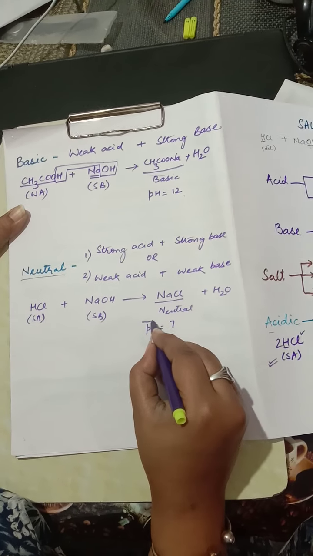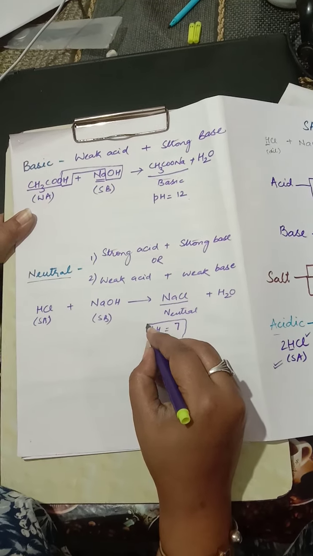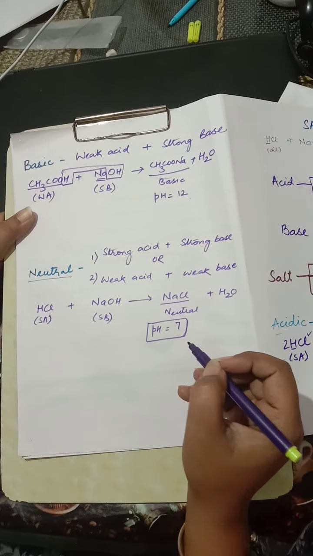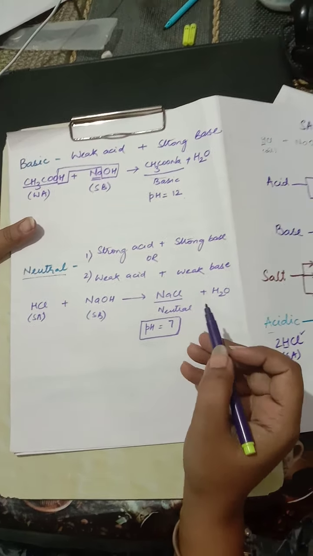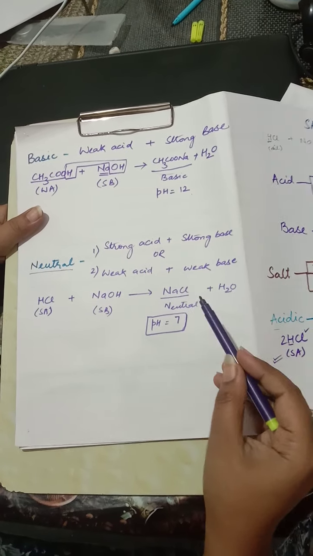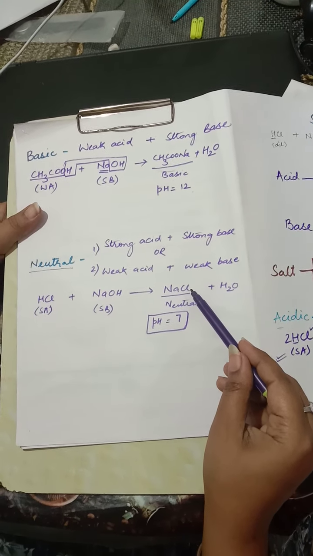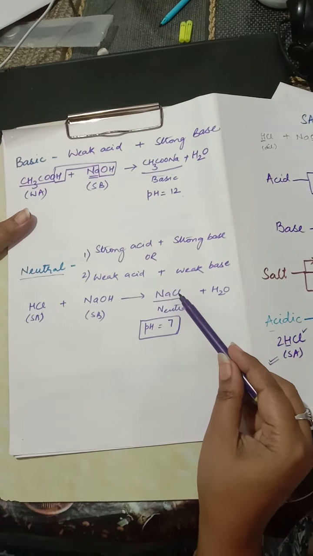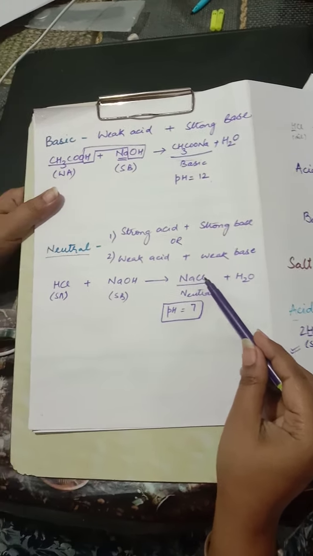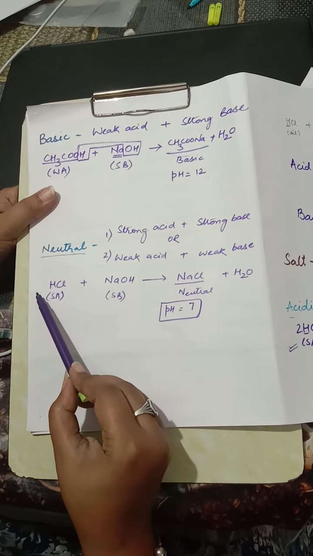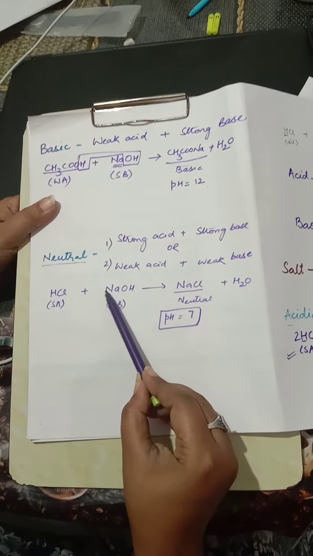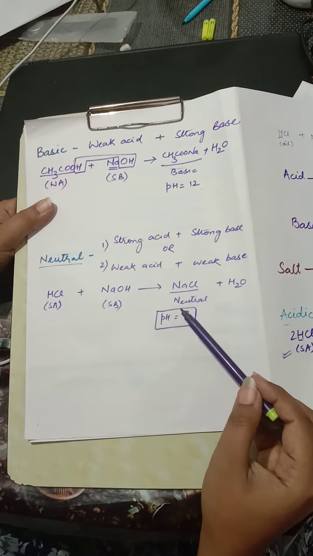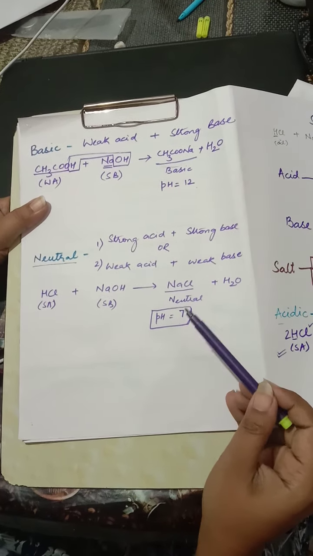Because all neutral solutions have pH value exactly equal to 7. If the question is asked, why is the nature of sodium chloride aqueous solution neutral? The answer is because sodium chloride is a salt which is formed by the neutralization of strong acid and strong base. That is why its nature is neutral and its pH value is 7.